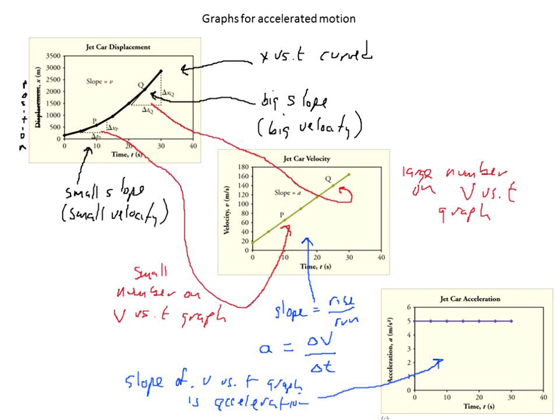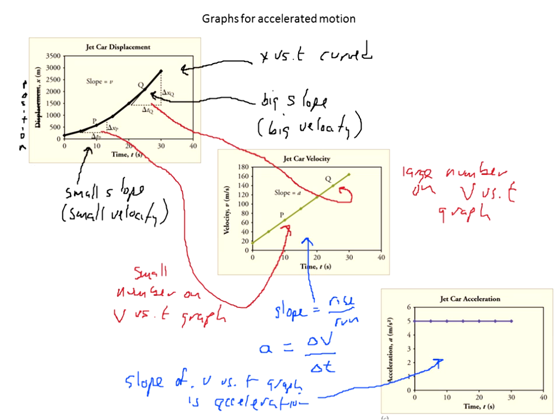Similar for position versus time for accelerated motion. Here, it's an upward curve. The object is speeding up, so the slope is not the same throughout. Small slope, medium slope, big slope, which corresponds to a small number on this graph, a medium-sized number on this graph, a large number on this graph.